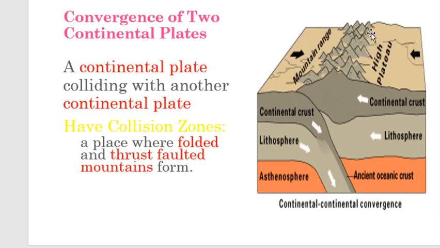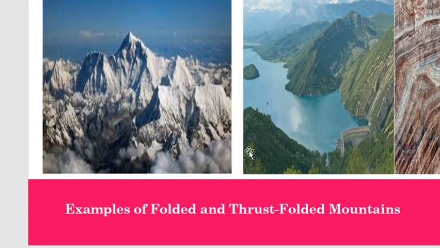There would just be mountain range, folded and thrust-folded mountain range on this area of the collision of the convergent plates. So as you can see here, we have examples of the folded and thrust-folded mountains.